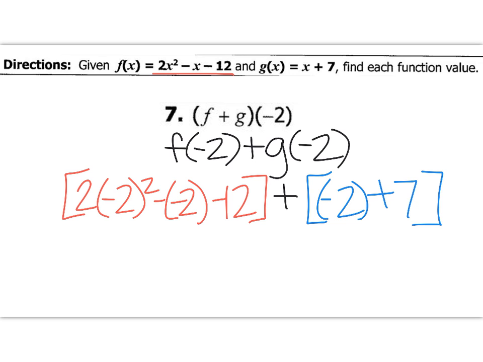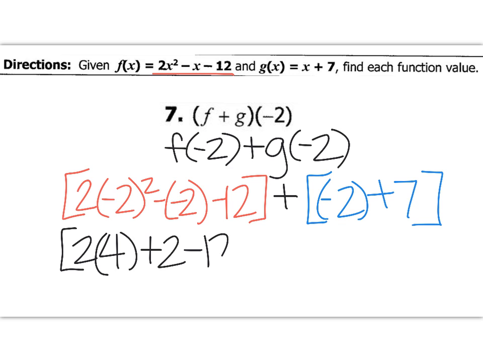All right, so now we want to simplify. Order of operations, we want to do what's inside the parentheses first, exponents within the parentheses first. So this is 2 times 4, minus the negative becomes plus 2, minus 12, plus negative 2 plus 7 gives us 5.